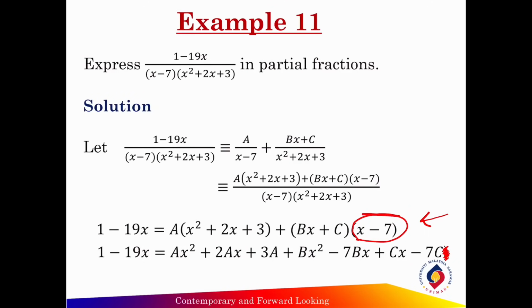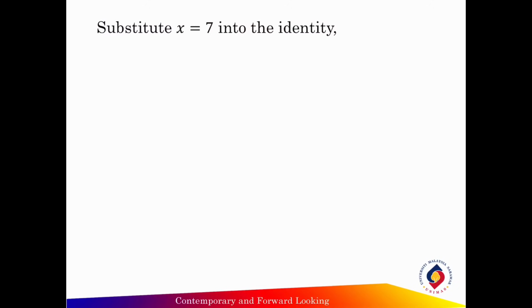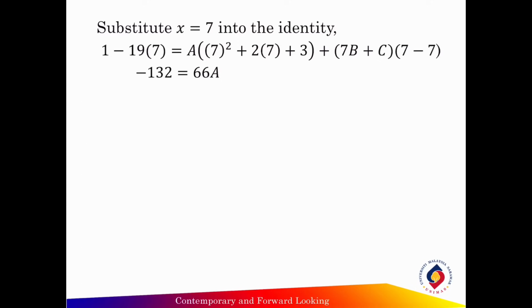So we will eliminate this part and we will get the value of A. Substitute x equals 7 into the identity, and we have -132 equals 66A. Hence our A is equal to -2.